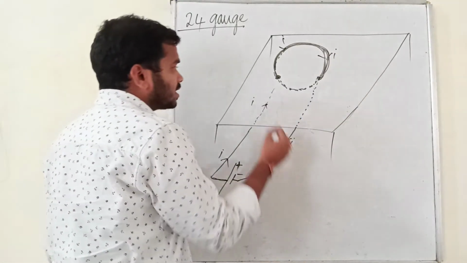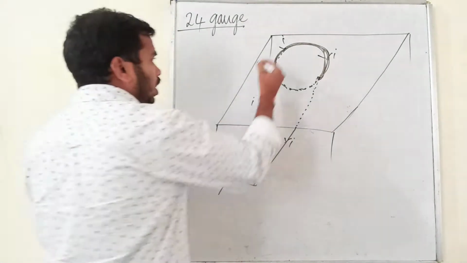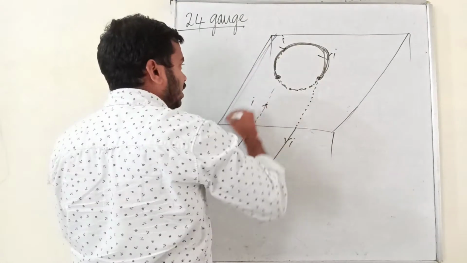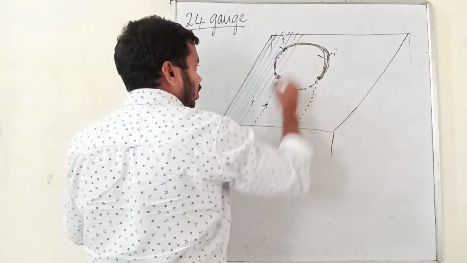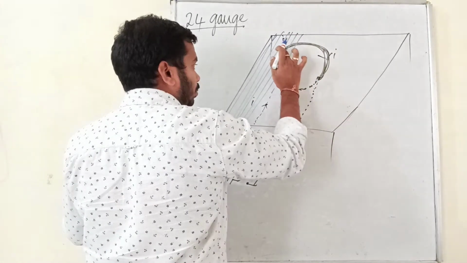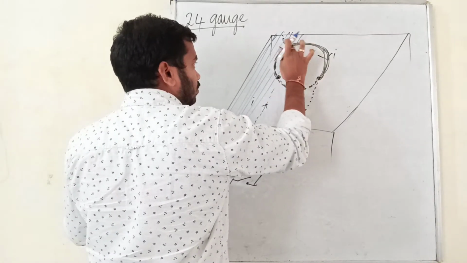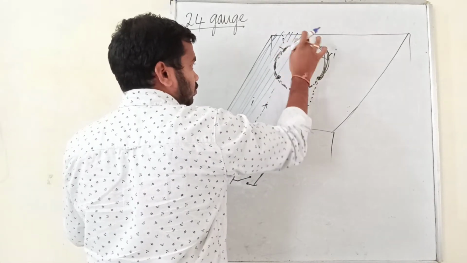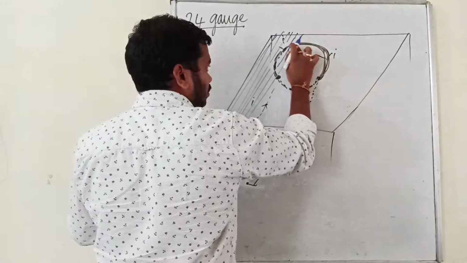Now what we need to do is ensure that a magnetic compass is placed upon the circular current carrying loop.